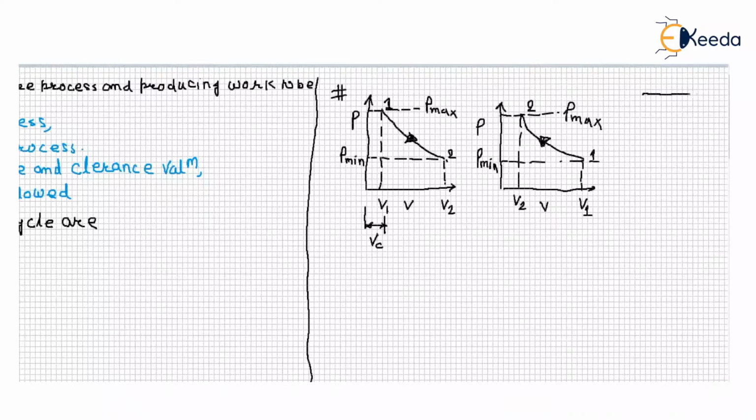See, the clearance volume is like that. There is a cylinder generally in an IC engine. There is a piston, and the piston will reciprocate inside the cylinder in between these two dead states, and this distance is called a stroke, right?